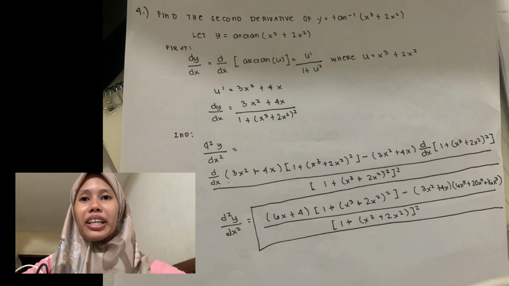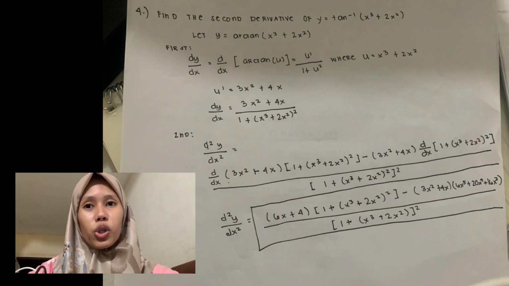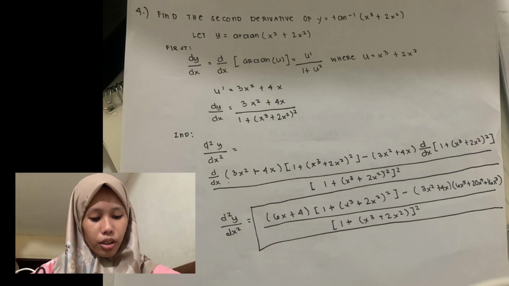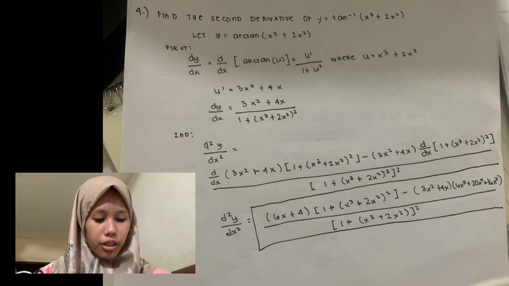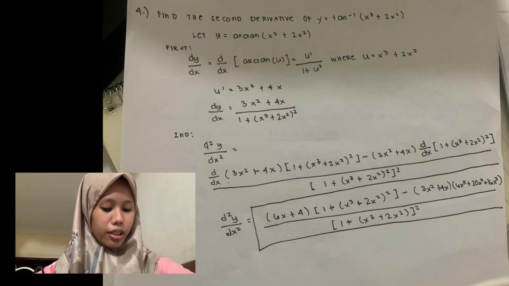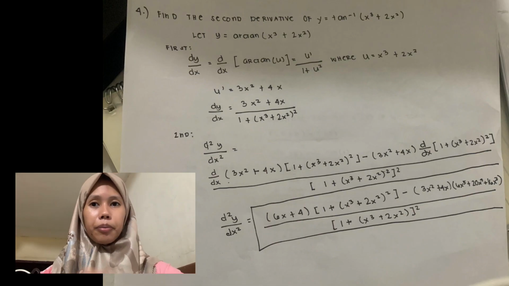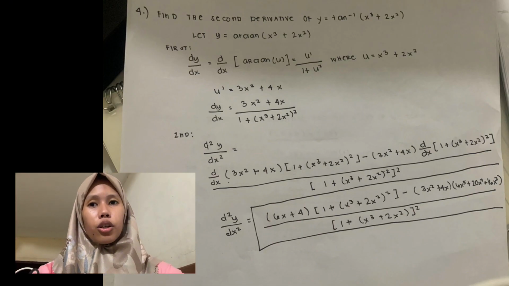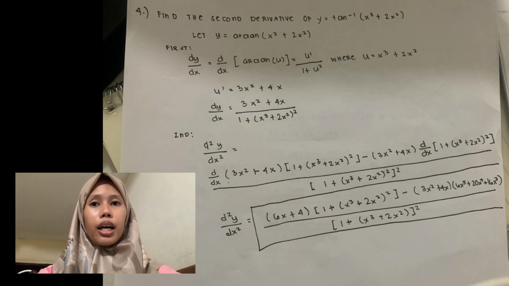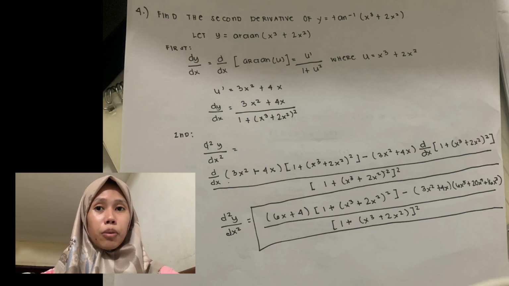Okay, so to find the second derivative, we'll be applying the quotient rule. So we have this written on the paper, and after applying that, we will be calculating the derivatives in the numerator separately.